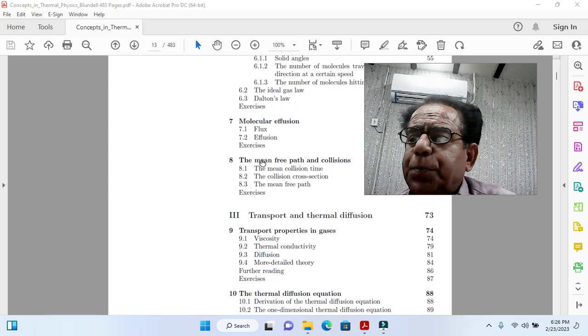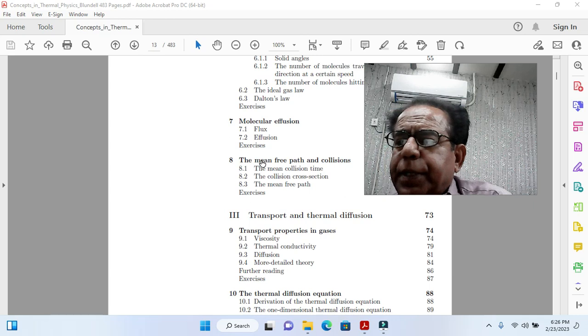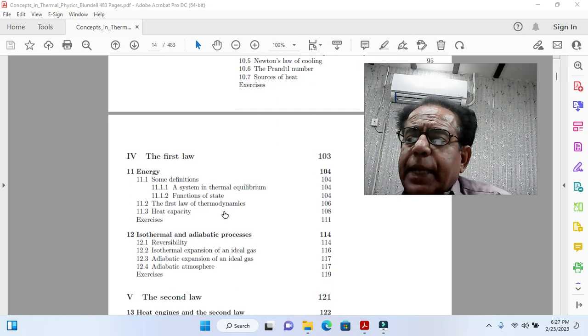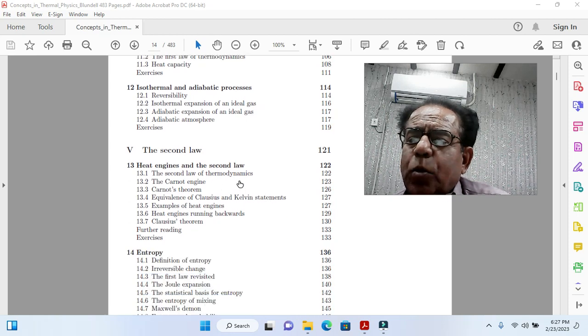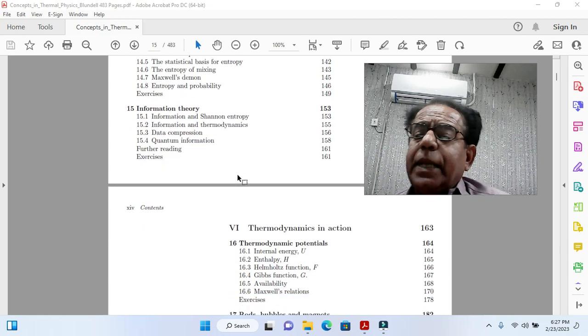Part 3, transport and thermal diffusion, transport properties in gases, the thermal diffusion equation. Then energy, isothermal and adiabatic process. Part 5, the second law of thermodynamics. Heat engines and the second law.